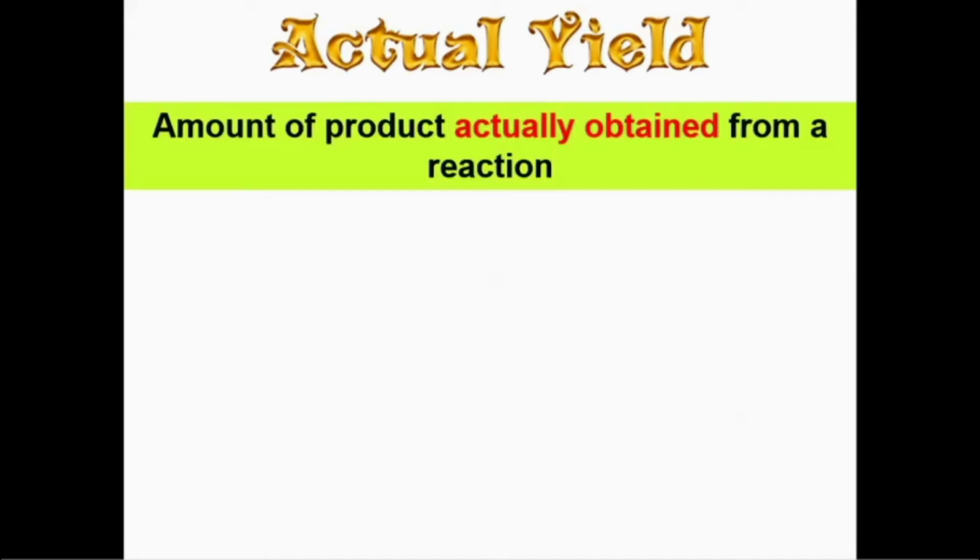So what is actual yield? Actual yield is defined as the amount of product actually obtained from a reaction.